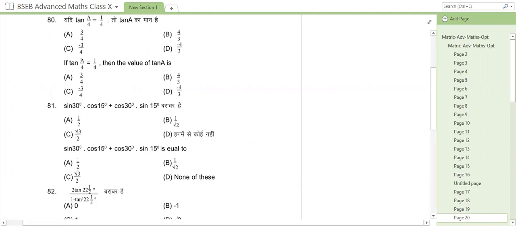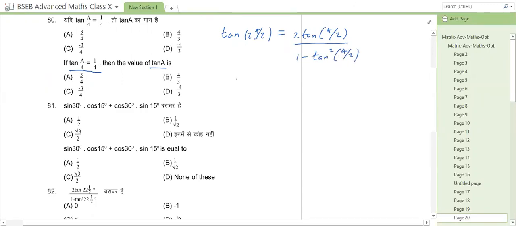If tan of A over 4 is equal to a quarter, the value of tan A is... Right, so guys, let's try tan of A, which is tan of 2 times A over 2, which is 2 tan A over 2 divided by 1 minus tan squared A over 2.